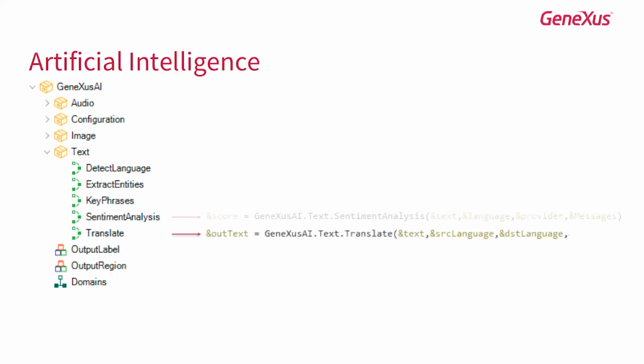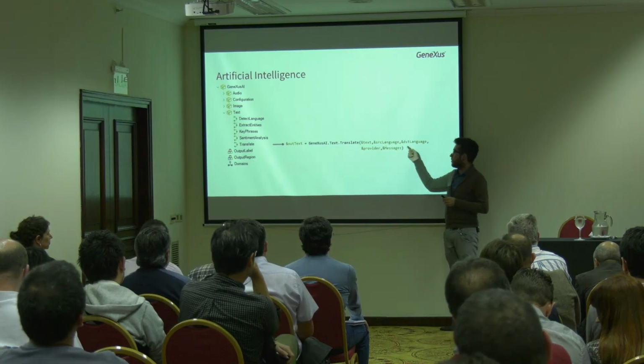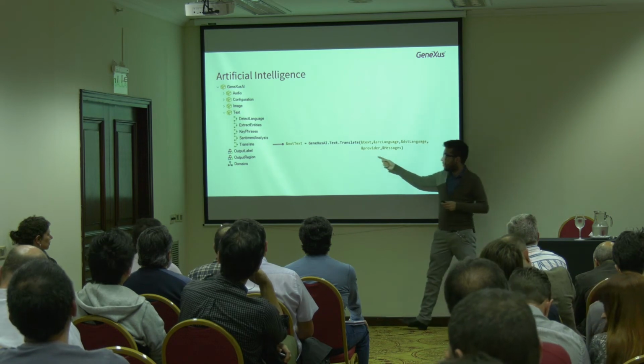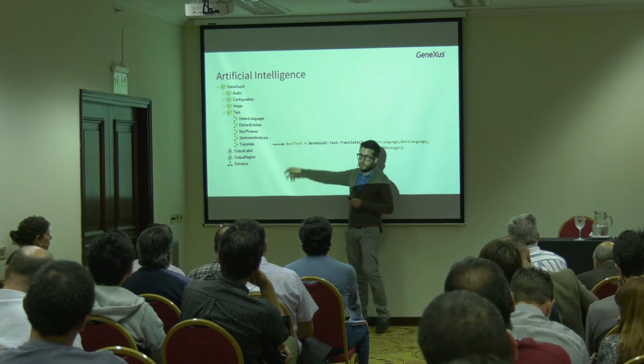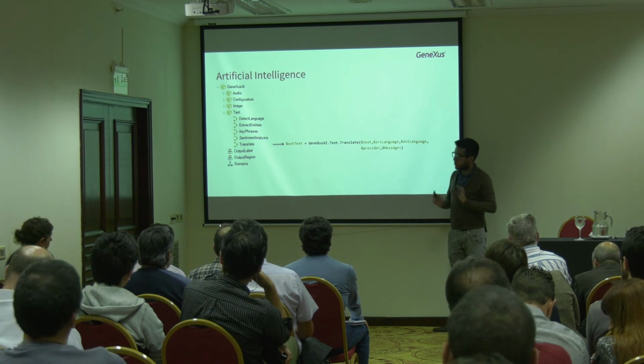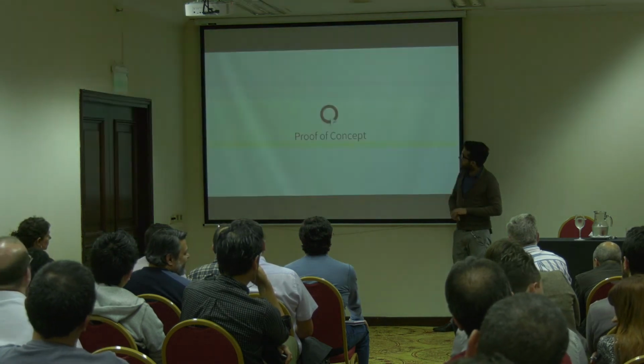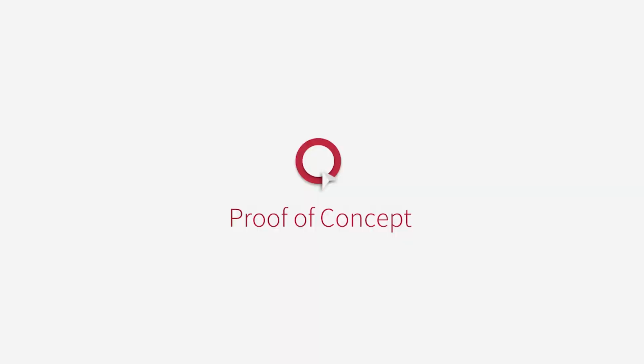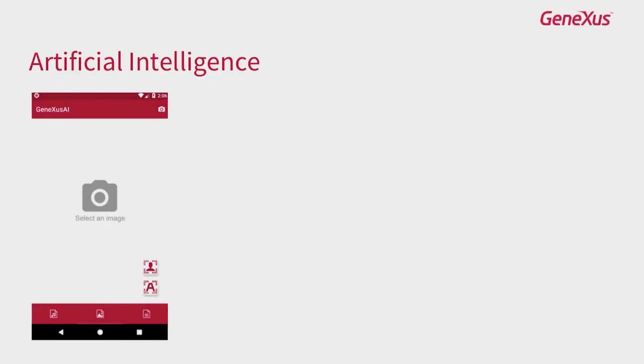And finally, the typical translate from one language to the other. It gives a source language and a target language, and it gives us the translated text. Then provide a message that we configure. Now the proof of concept, which relates to your question.